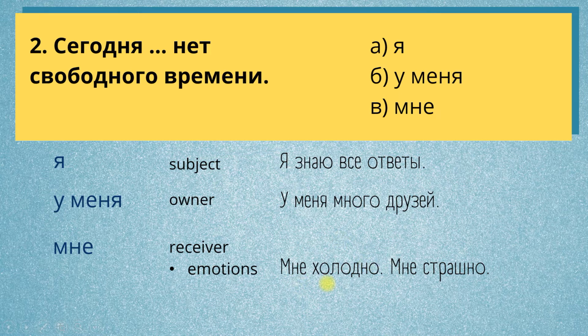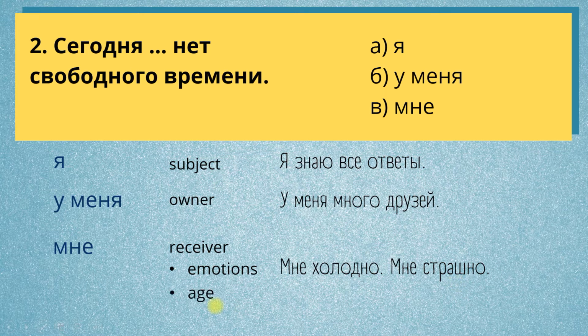I feel cold maybe with him. You're a receiver of emotions or feelings. Мне страшно. I am afraid. I am scared. Also involuntary, you are receiving emotion from outside things.